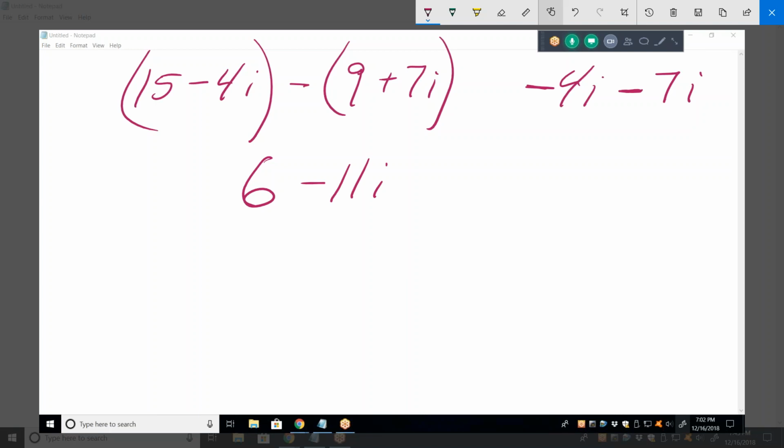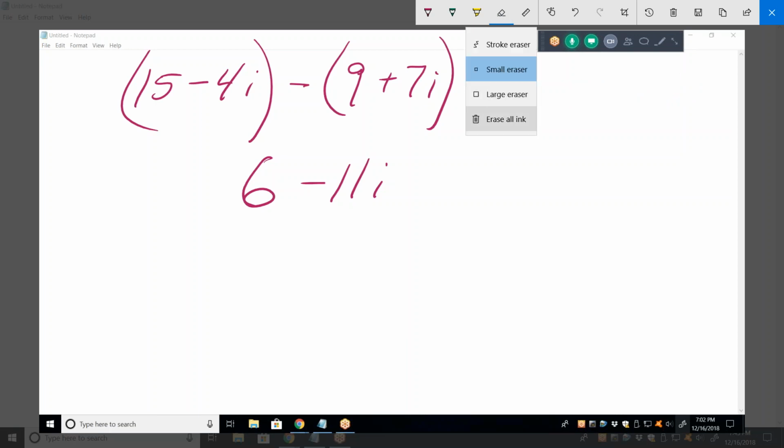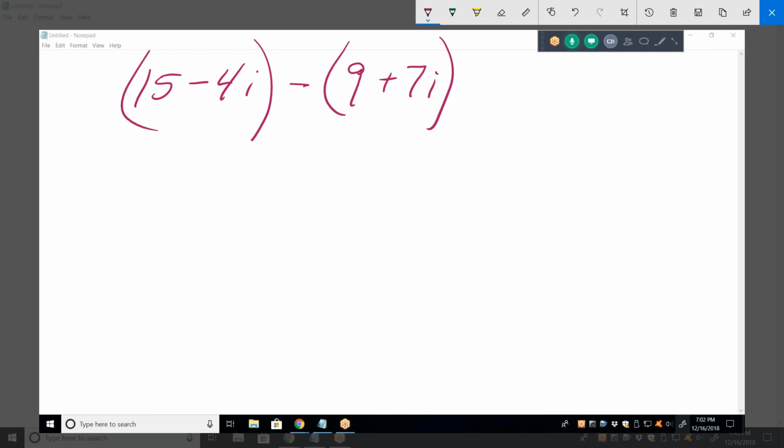There's a couple of ways you can look at this. I think the simplest way is the way I said it: you subtract the reals and you subtract the imaginary. The other way is to go ahead and remove the parentheses and then combine all like terms. I can remove the first set of parentheses without doing anything. It doesn't change anything. But when I remove the second set of parentheses, it becomes minus 9.